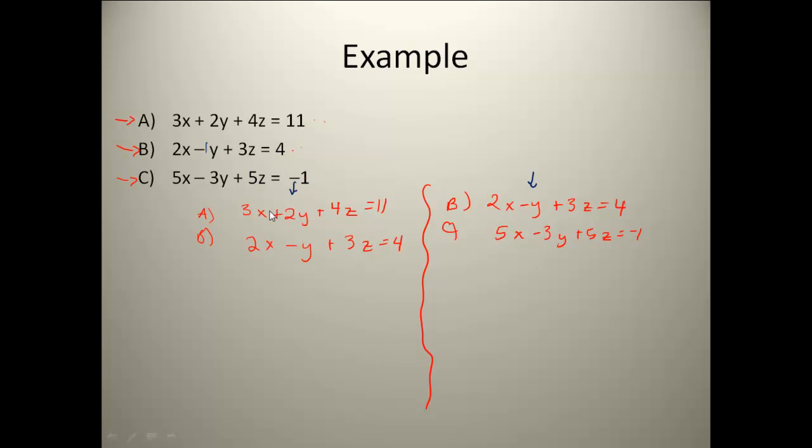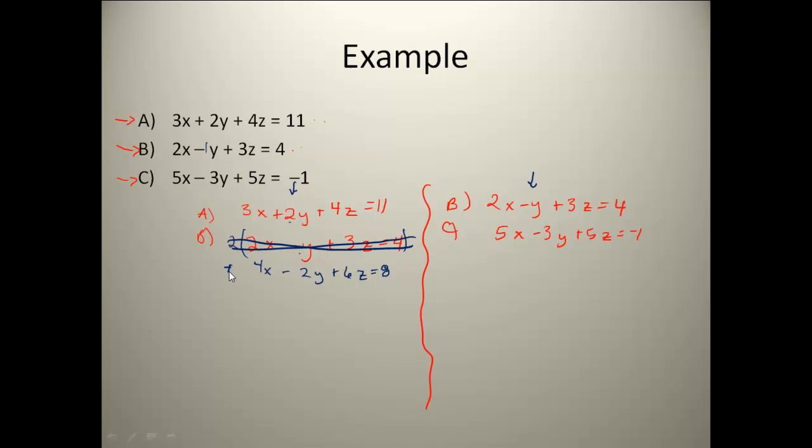So I have to just work on the left side now. I have to ask myself, what do I need to do in order to get the same coefficient but opposite signs? Well, to do that, I need to multiply the bottom equation by 2, distribute that 2 out, so I'm going to end up with 4x minus 2y plus 6z is equal to 8.